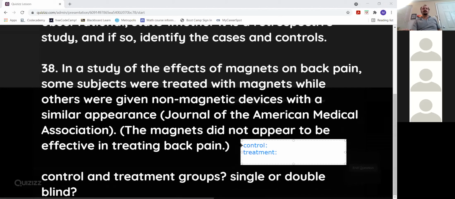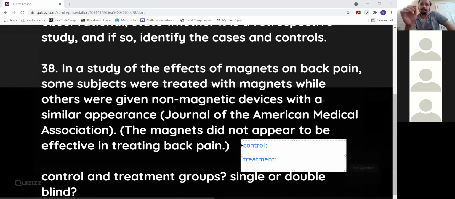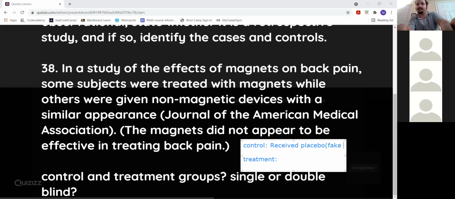And then we'll talk about single or double blind. Would the control group be the one that does that? The ones that get the fake magnets? Yeah, they receive the placebo or fake magnet. And the treatment would be the people that got the real deal, right?